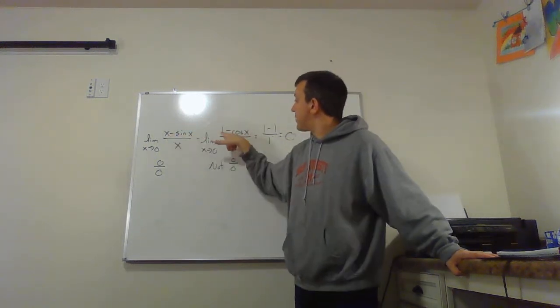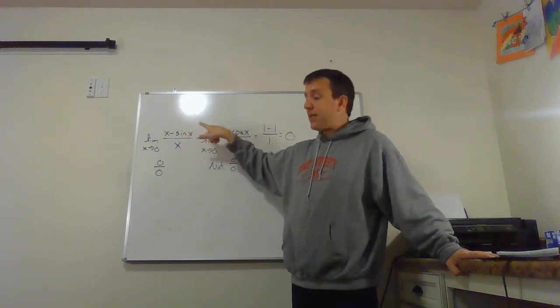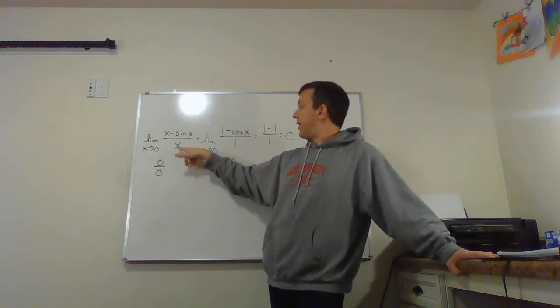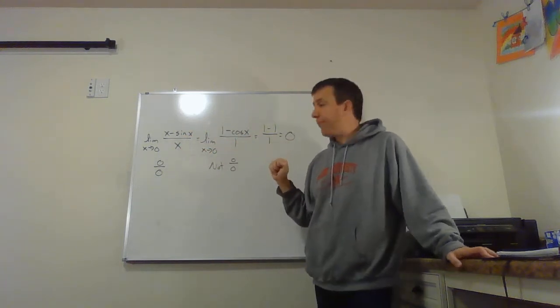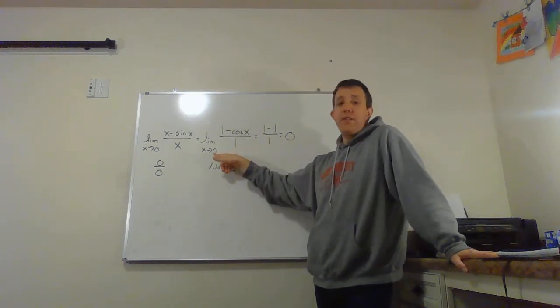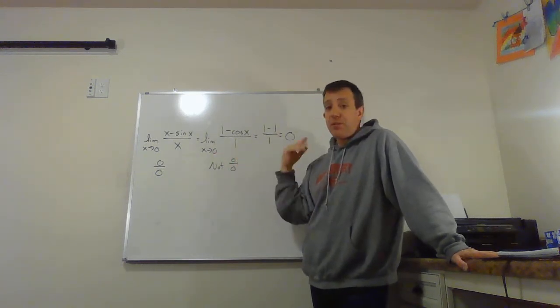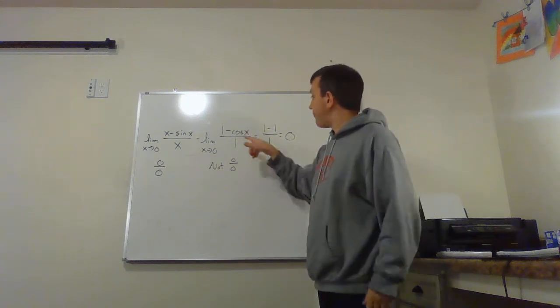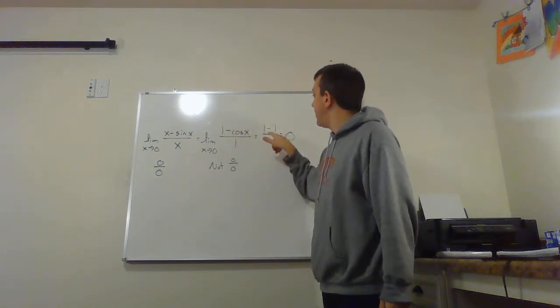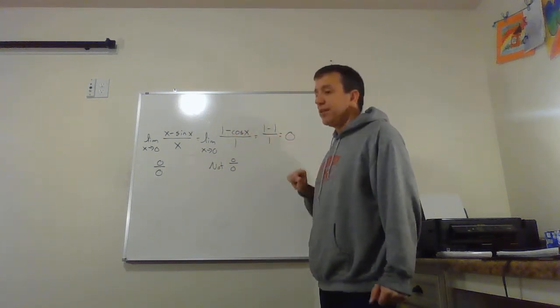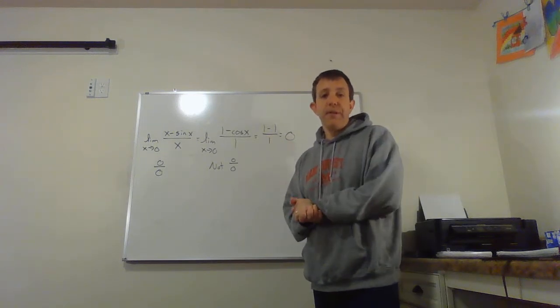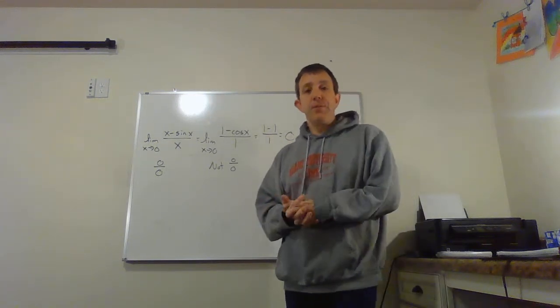So the derivative of x is 1, derivative of minus sine x is a minus cosine x, and on the bottom the derivative of x is 1. Now we can plug in 0. That's not going to be a problem. The bottom's just a 1, so we can plug this 0 in. Cosine of 0 is 1, so 1 minus 1 over 1 is 0. There, we found the limit. Not so bad. Let's do another one. I've got more.